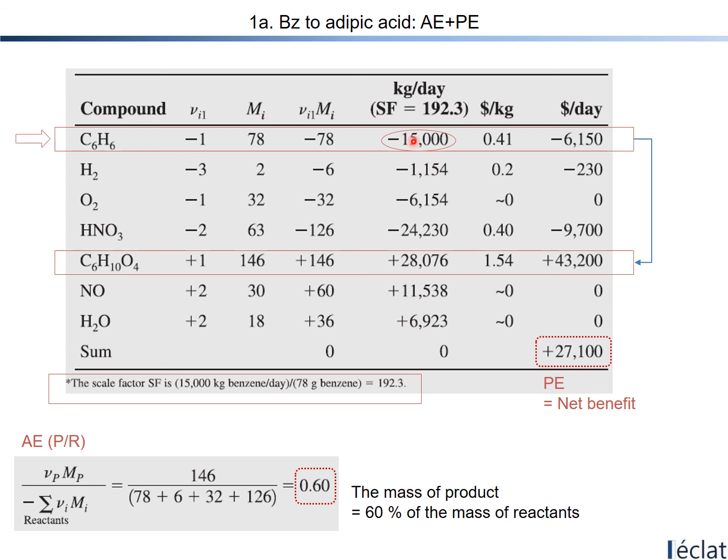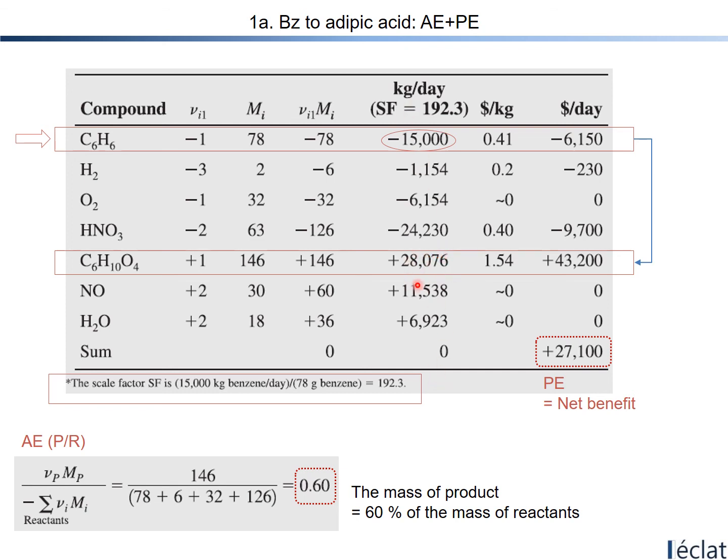So, something like that. By using 15,000 kilogram benzene per day, how many kilograms per day of H2O2 and nitric acid are consumed, required, and also how many kilograms per day of adipic acid are produced.